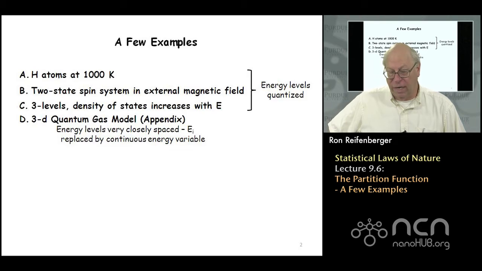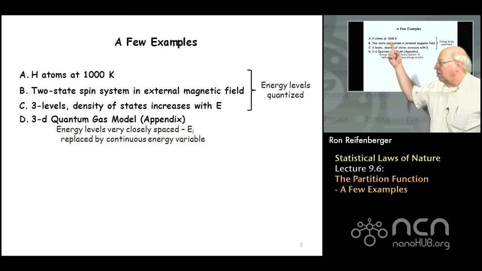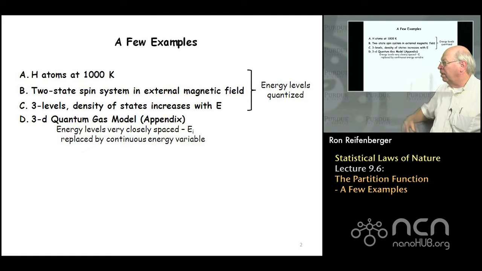The three examples I'd like to talk about are hydrogen atoms at 1000 degrees Kelvin, a two-state spin system in an external magnetic field, and a simple model that has three energy levels, but in this model, the density of states for each energy level is going to increase rapidly with energy. So this illustrates some of the features of this partition function that's very useful.